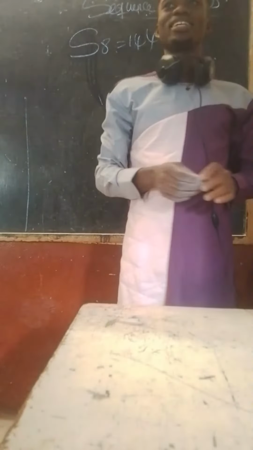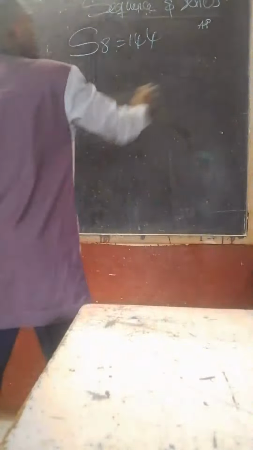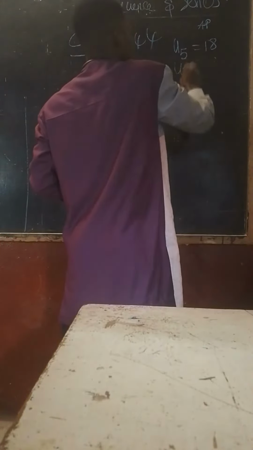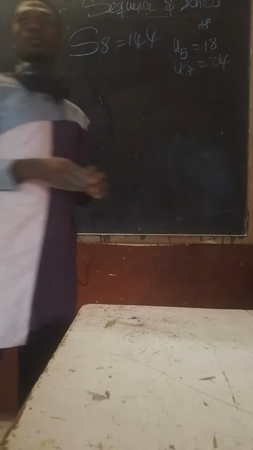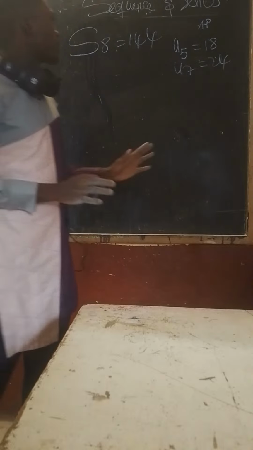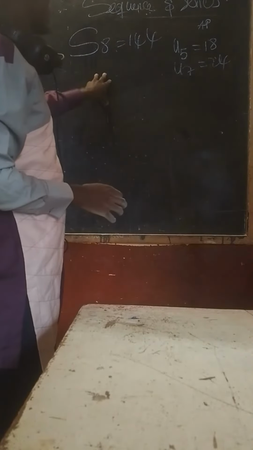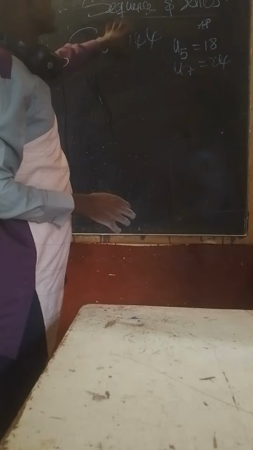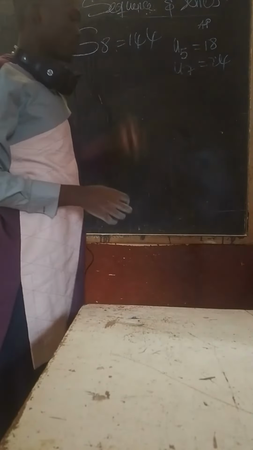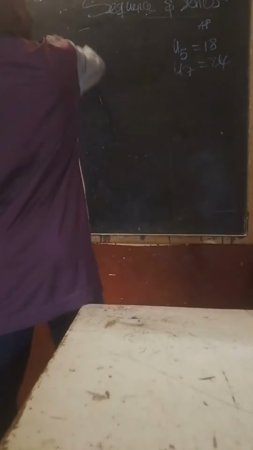If the fifth and seventh terms are 18 and 24 respectively, find the first term and the common difference. Very good. Asking for the first term and the common difference, they don't even need to give you Sn. This one is enough. Look at what I'm doing here.